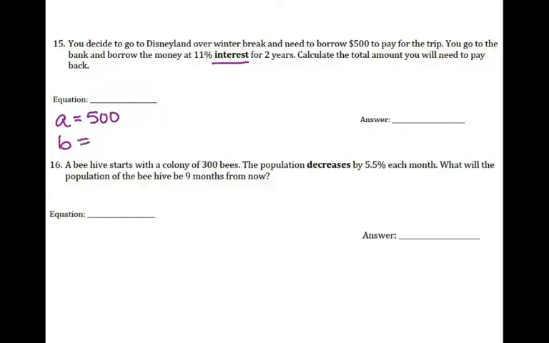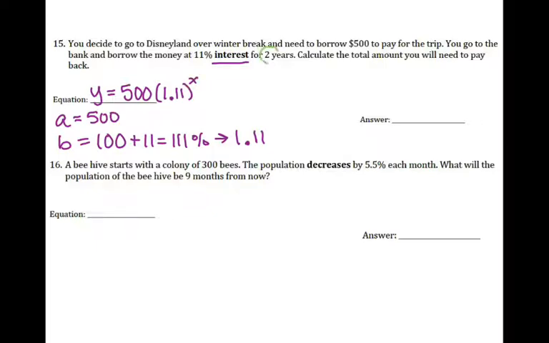So my initial amount is going to be the 500, so A is 500. And for B, since interest is added, I need to pay for the 100% of the $500 plus an extra 11% interest. So that gives me 111%, which of course we need to change to a decimal, so that's 1.11. So my equation is 500 times 1.11 to the x.